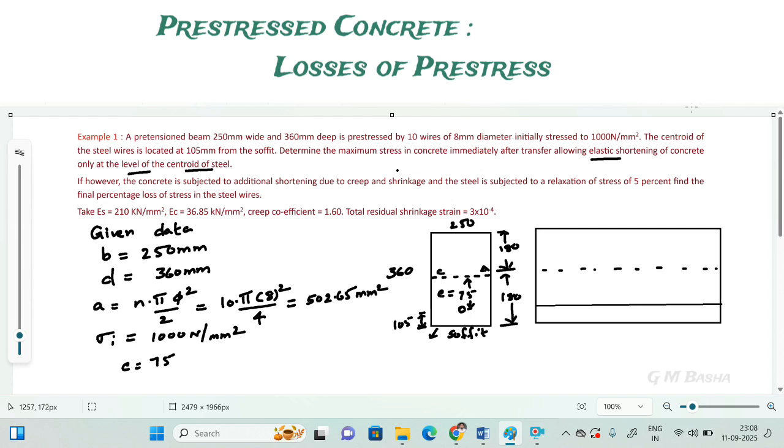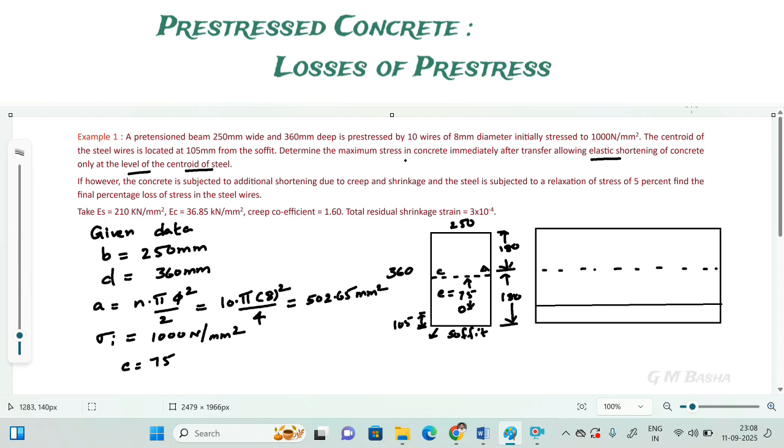We have one standard formula, that is P by A plus or minus P e by Z. Then after that we find the elastic shortening loss considering the transfer of the concrete. However, the concrete is subjected to additional shortening due to creep and shrinkage, and the steel is subjected to a relaxation of 5%. Find the percentage loss of stress in the steel wires.